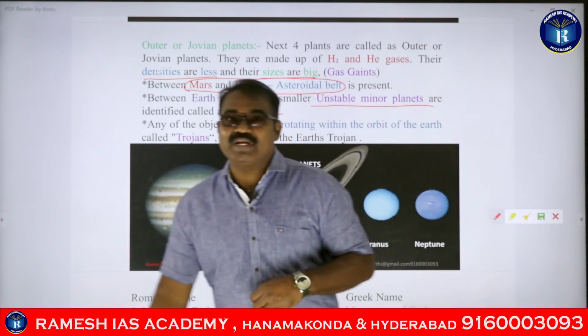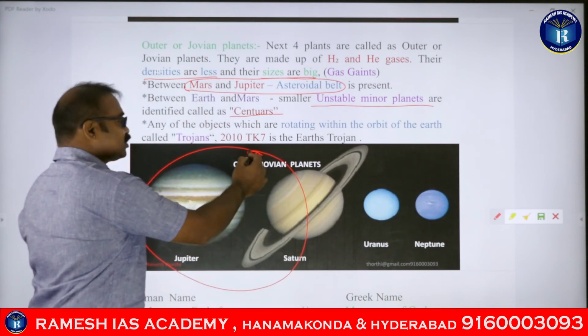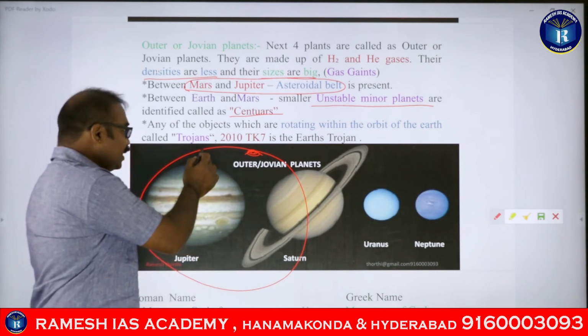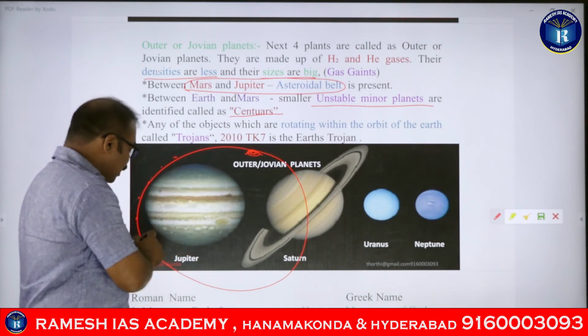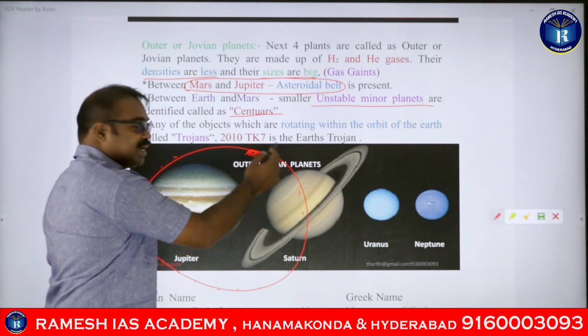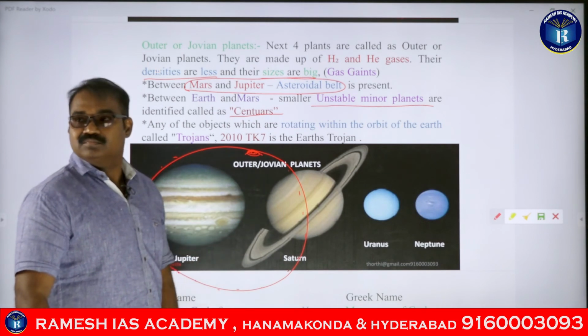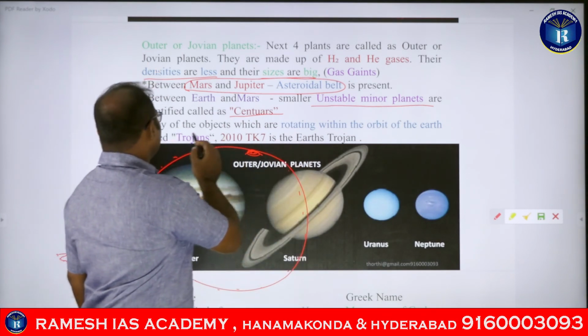And it has also been identified that within the Earth's orbit, if this is the Earth's orbit and Earth is going, guys, there are several metallic or rocky objects which are moving with the same speed as the Earth, and they are called the Trojans, guys.